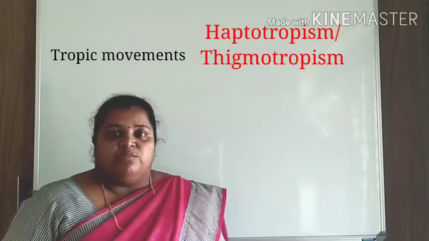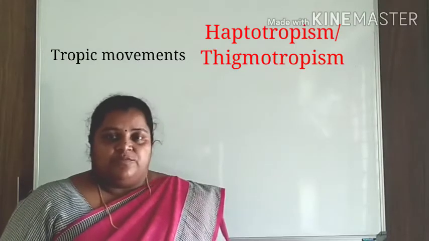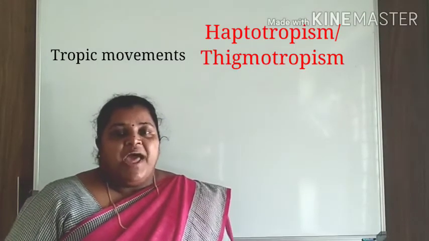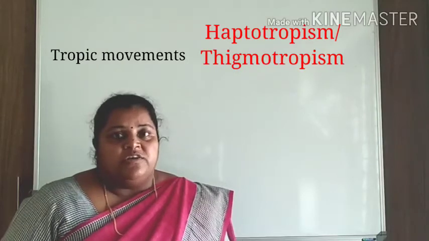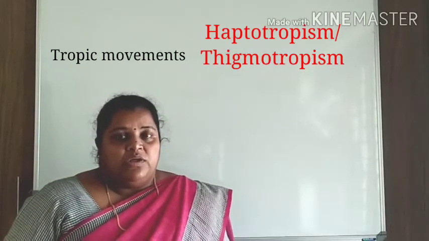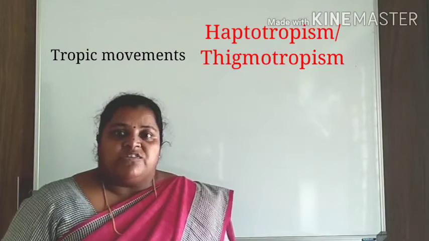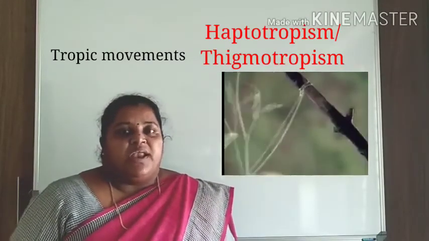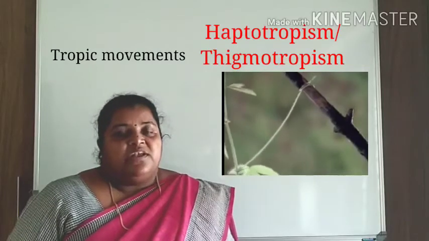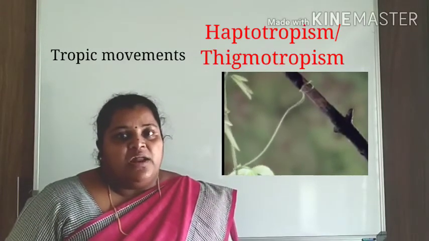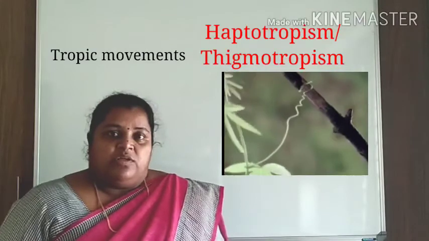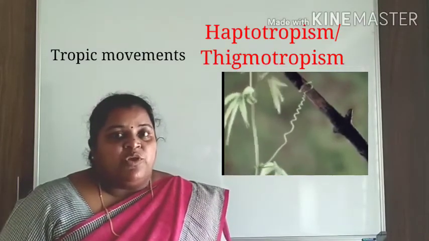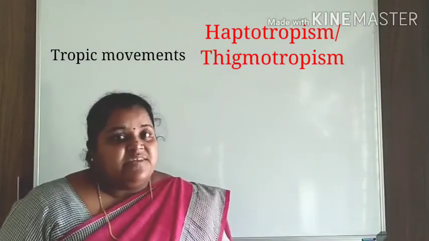So, here the stimulus is touch. Plant parts move towards or around the support which causes the stimulus. For example, in climbers, the tendrils twine around the support when they get the stimulus, touch.